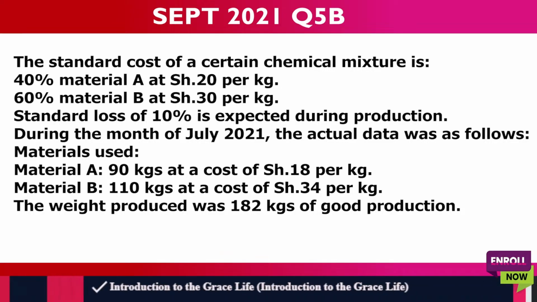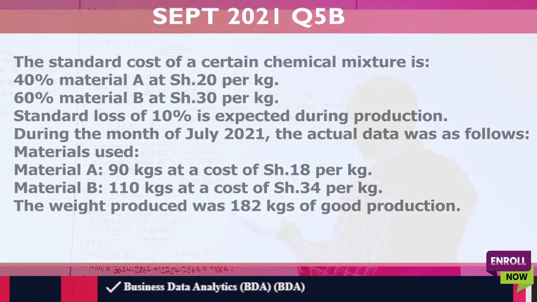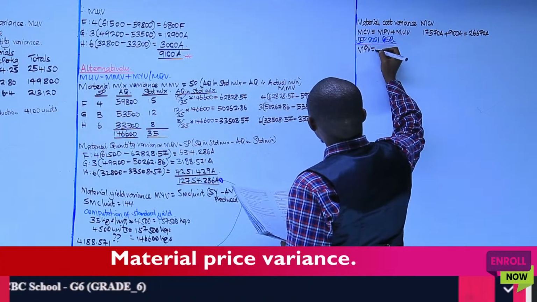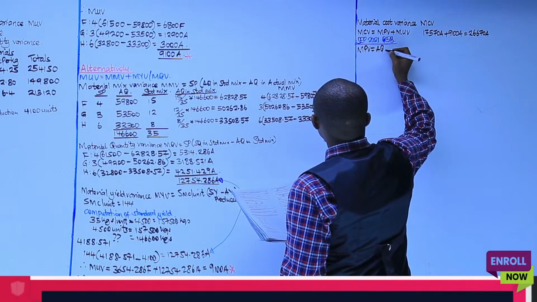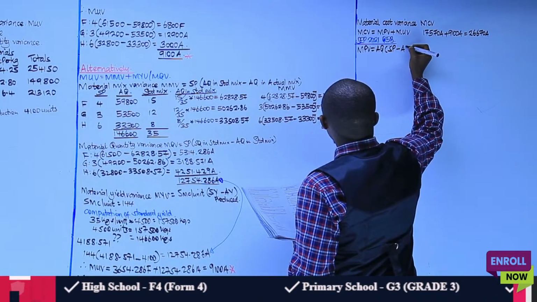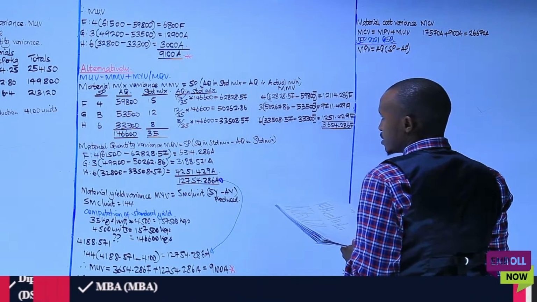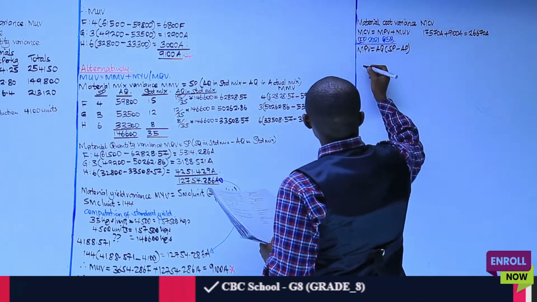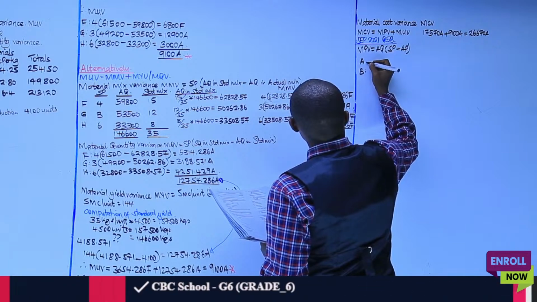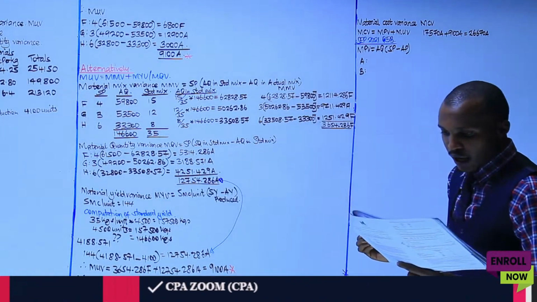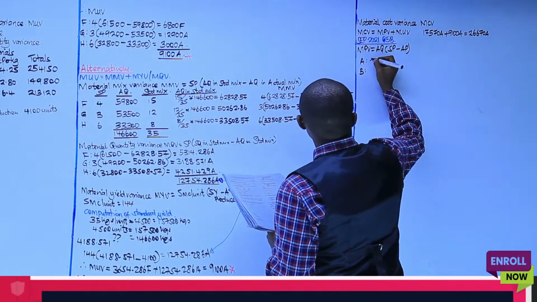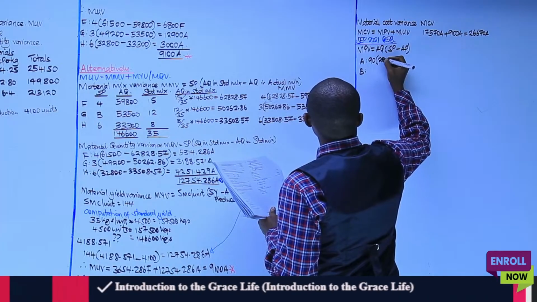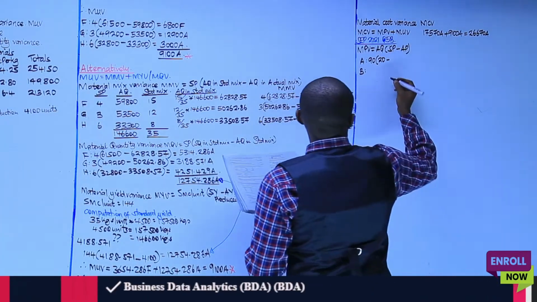Let's start by getting our material price variance. You say it is your actual quantity times standard price minus actual price. You have two types of materials, A and B. For material A, the actual quantity you purchased was 90 kgs. The standard price per kg was 20 minus an actual price of 18.